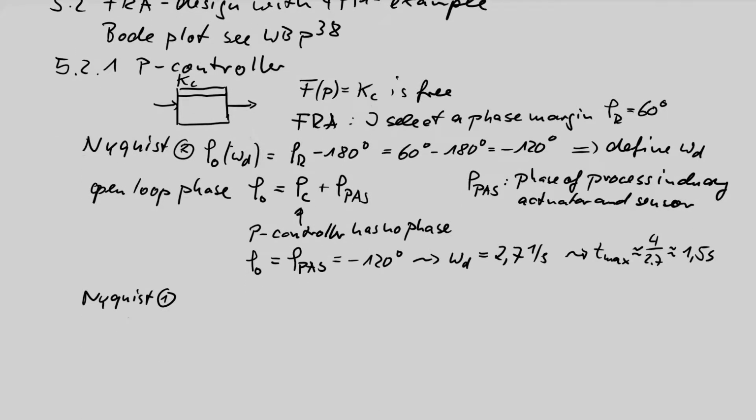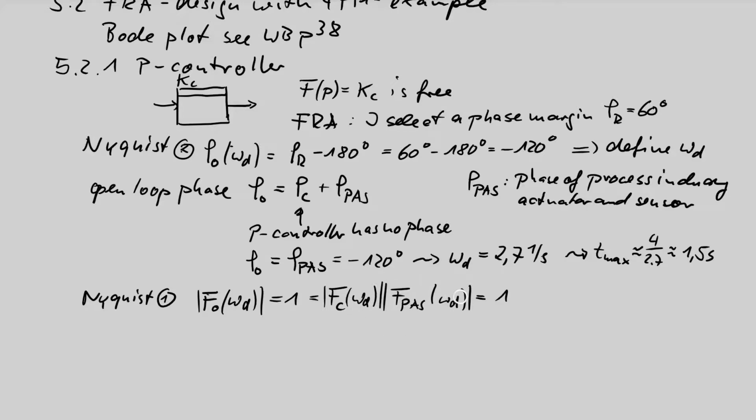This equation leads to the following statement: open loop at omega d, and omega d is known, should be 1. This is the magnitude of the controller at omega d multiplied with the magnitude of the process actuator sensor, that is coming from the diagram, at omega d. This must be 1.